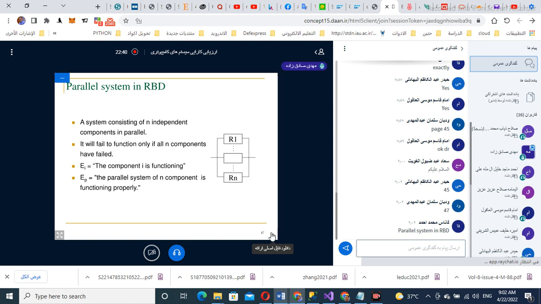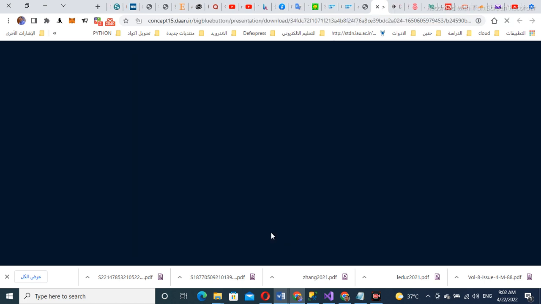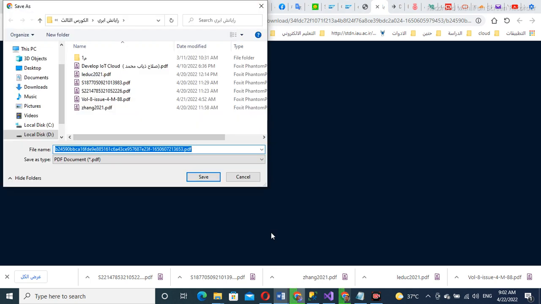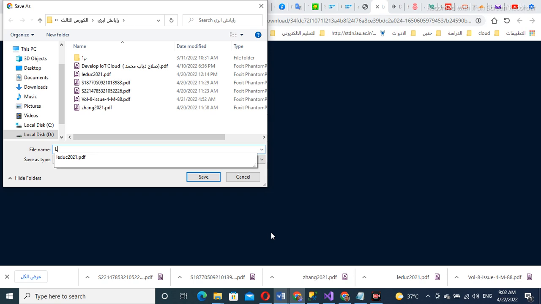reliability block diagram: a system consisting of n independent components in parallel. You can see here R1, R2 until Rn. It will fail to function only if all n components have failed.